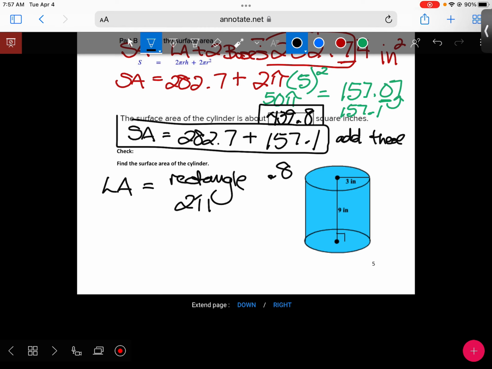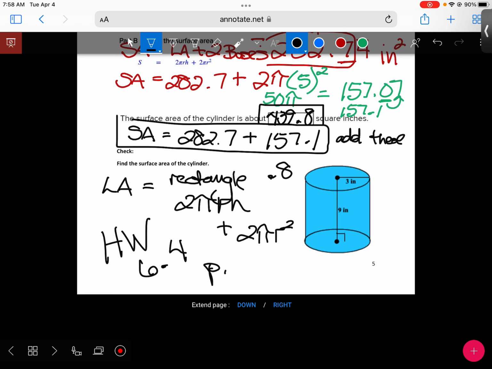That's 2 pi r times h, plus your two bases, 2 pi r squared. So your homework for tonight, if you go in the packet, there should be a homework 6.4. It's probably page 38 and 39, probably page 38.